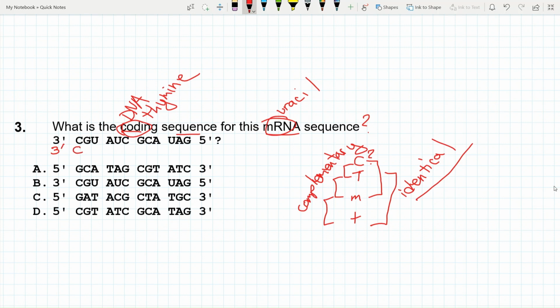The C's are the same. The G's are the same. Instead of U, we'll have a T. The A's are the same. Instead of U, we have a T. The C's are the same. Then we have G, C, A, T, A, G, 5 prime. Okay?